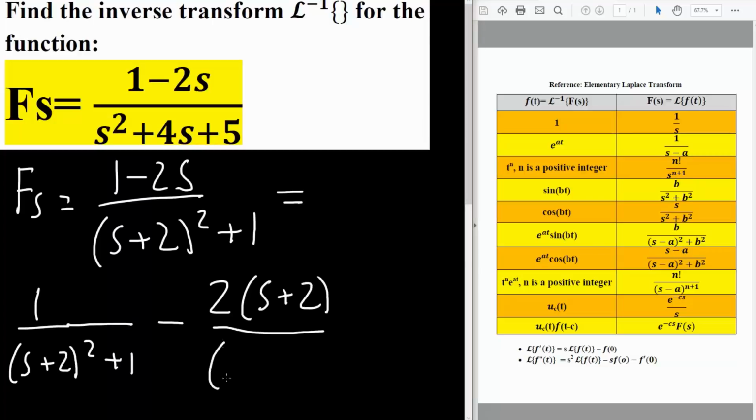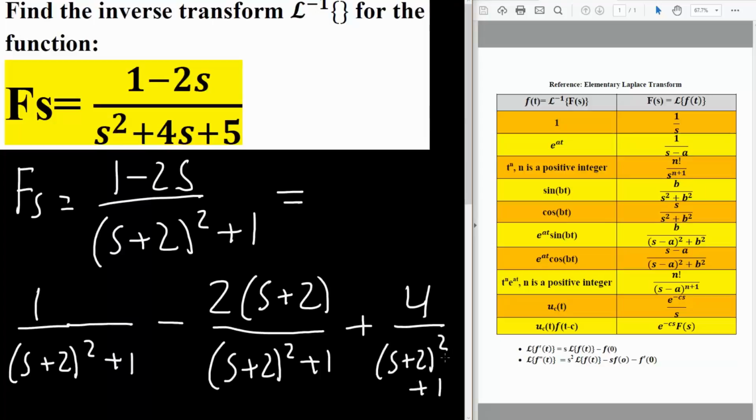And so the denominator would be the same, (s plus 2) squared plus 1. But by doing this, we get minus 2s minus 4, and this is more than what we have. And so we need to add 4 to cancel out the minus 4. The denominator is always the same, (s plus 2) squared plus 1.